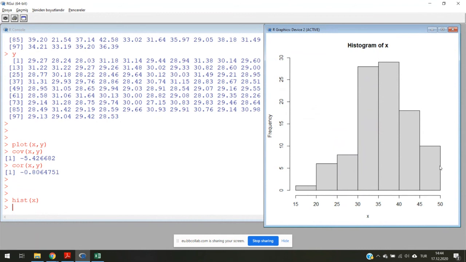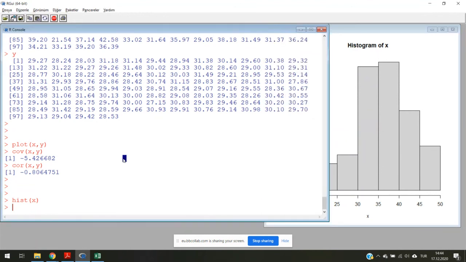Such distributions will be taught in the simulation course. For example, this distribution can be a beta distribution, a continuous distribution called the beta distribution, so the odometer values of these second-hand automobiles can be beta distributed.